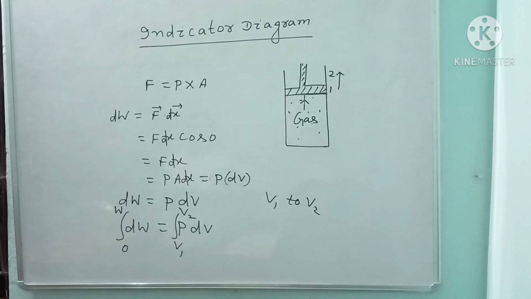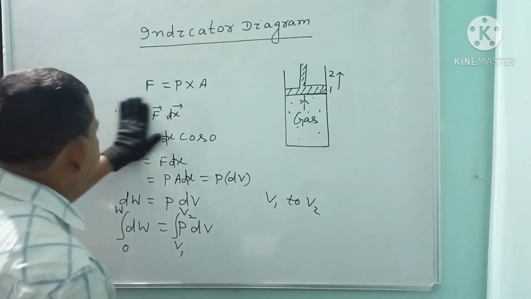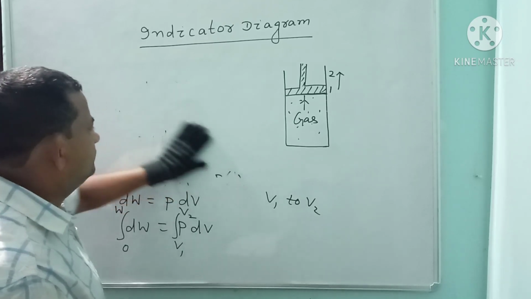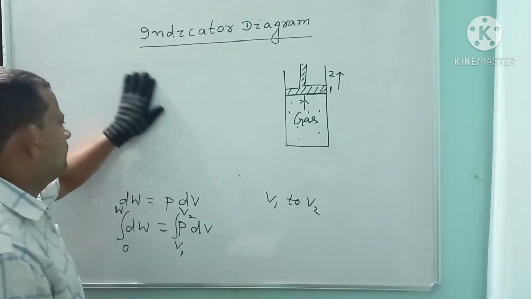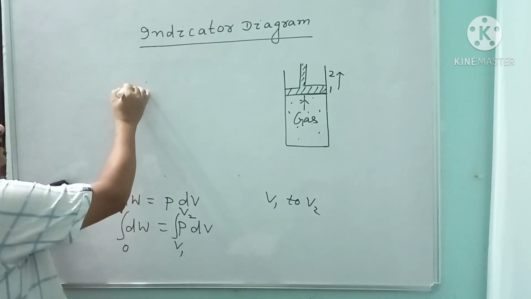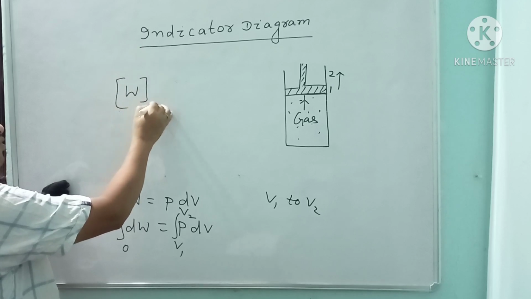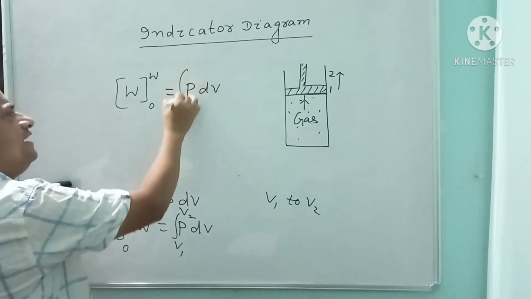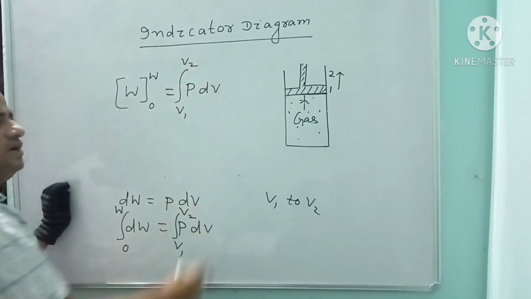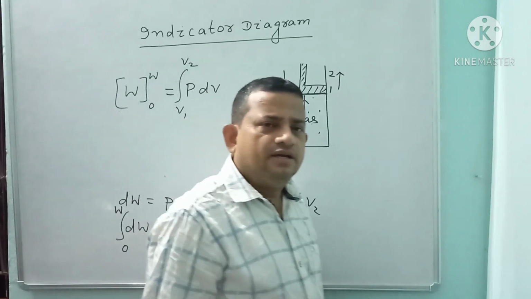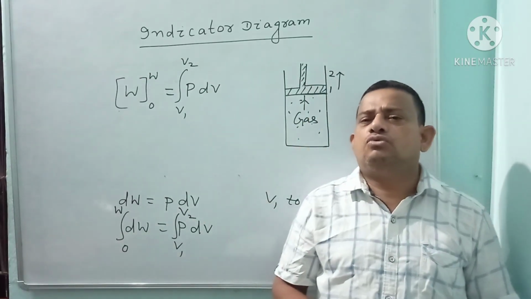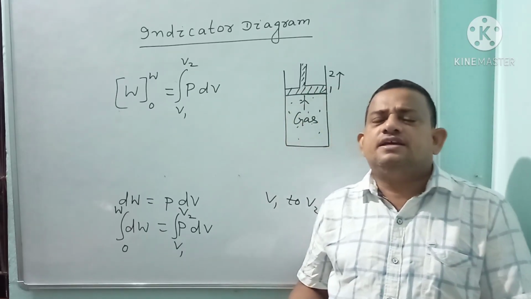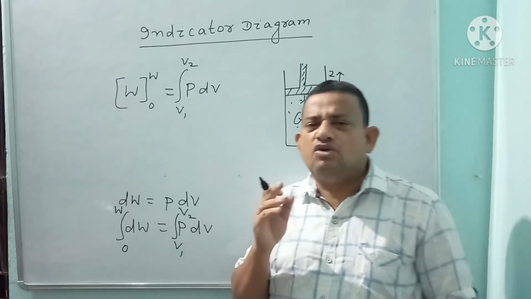So from the left hand side you will get W, from 0 to W, that is integration of P dV from V1 to V2. Integration of dW is W, integration of dx is x, integration of dy is y. From integration you can know these things.